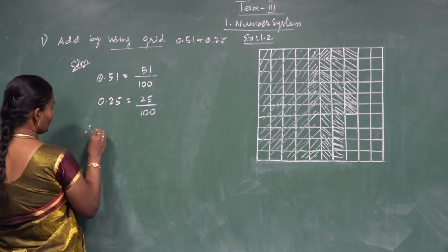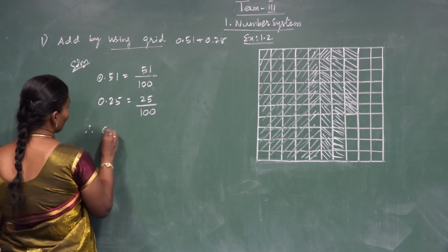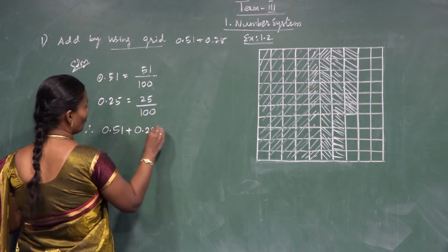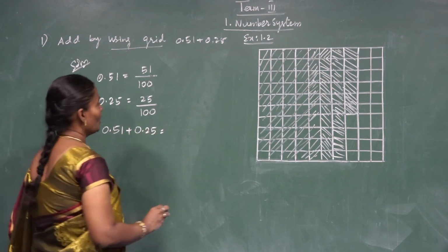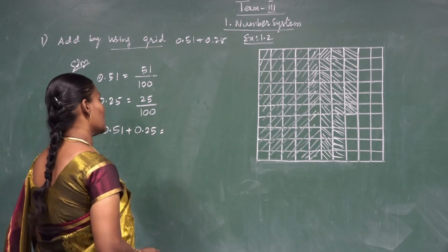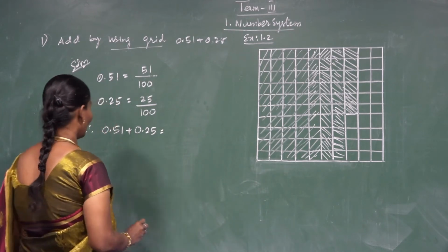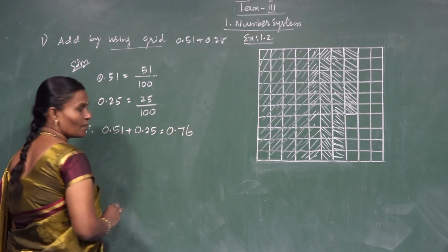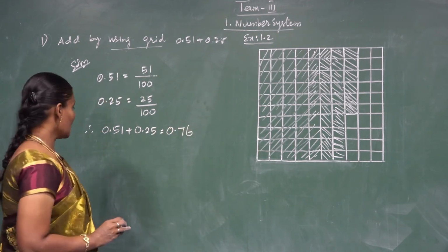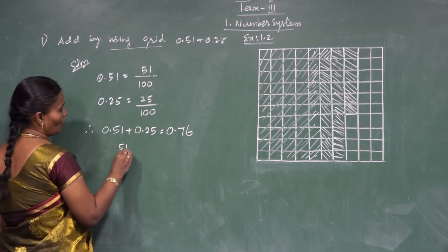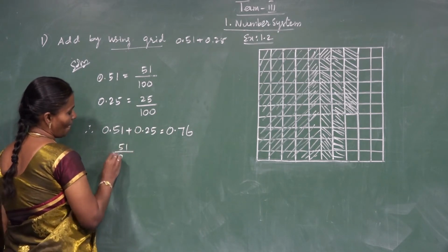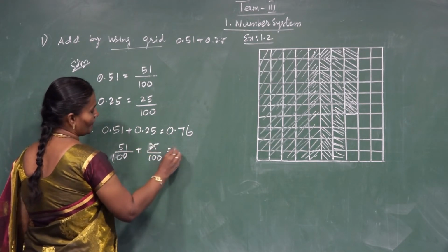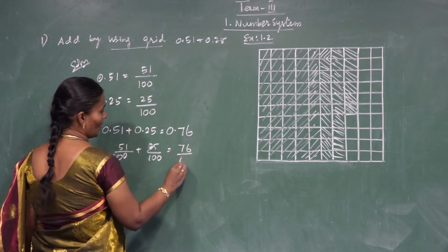Therefore 0.51 plus 0.25 is equal to, here, totally 76 are shaded. Am I correct, children? So 0.76. You know that 51 by 100 plus 25 by 100 is equal to 76 by 100.